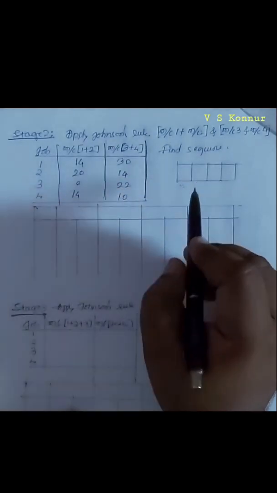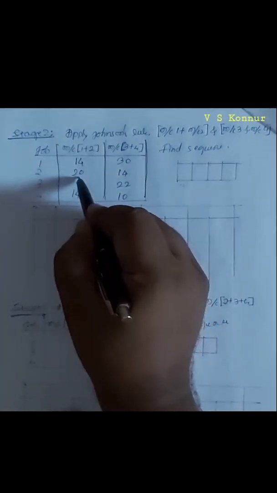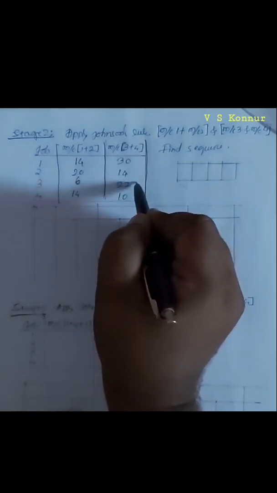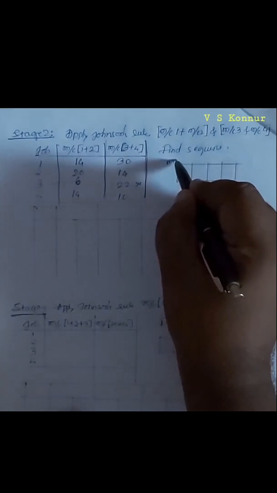Once again, you have to find the sequence, using the same procedure. 6 is least, so this is in the third job. Here we will write M1 plus M2, and here we will write M3 plus M4.